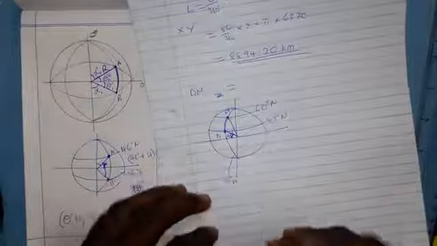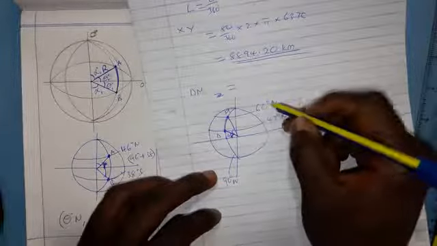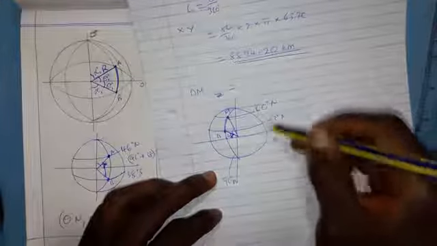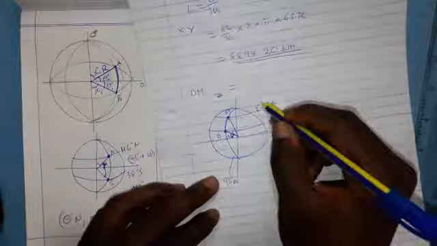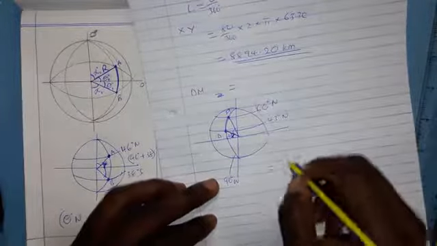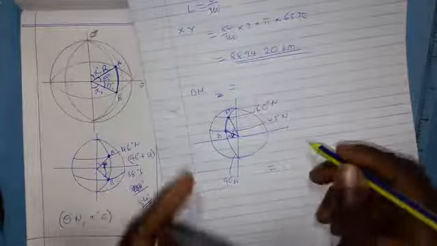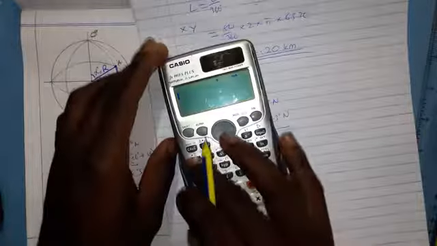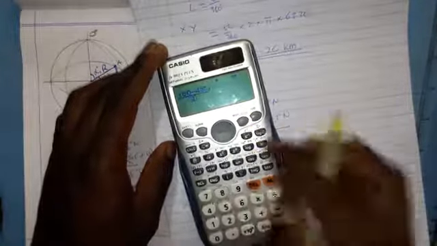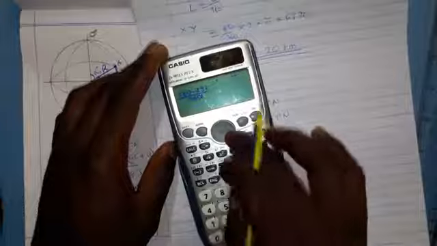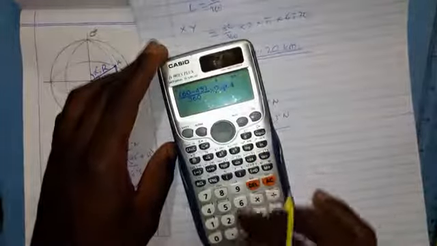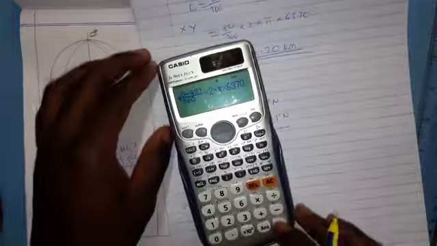Basically, what is the rule that applies in those two? If I have an angle difference in the same hemisphere, I'll simply subtract the two, the larger one minus the smaller one. So it simply means the length of DM will be 60 minus 43 divided by 360, multiplied by 2 multiplied by pi multiplied by 6370.